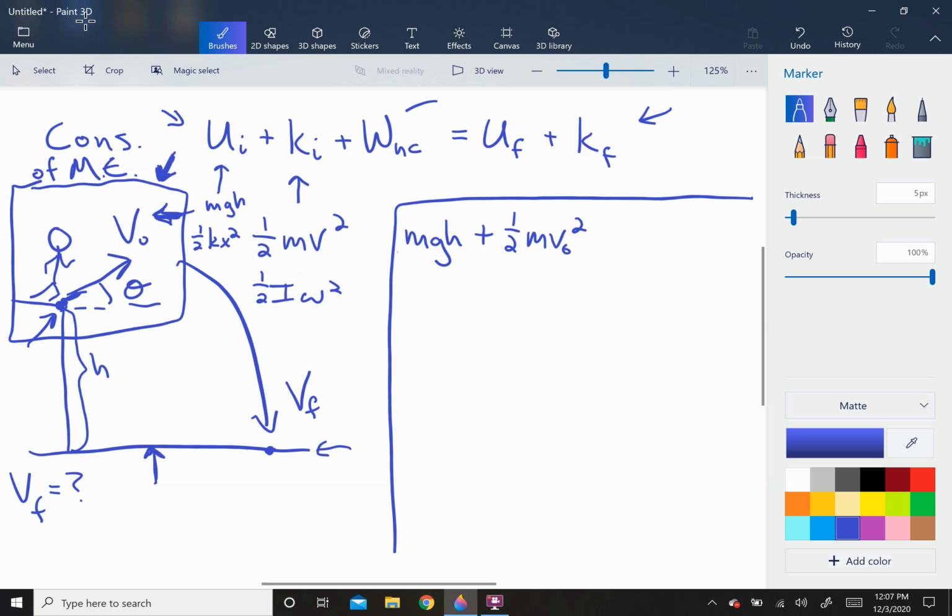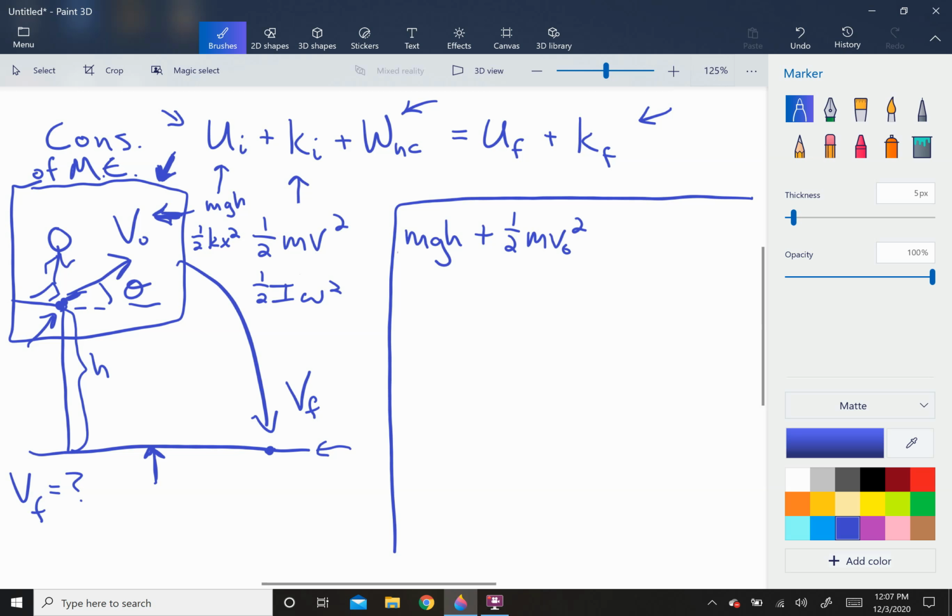Now this one is the hardest piece of the whole thing, the work non-conservative. I have to ask myself, are there any non-conservative forces in this problem? What that means is, are there any forces that are changing the internal energy of objects or taking mechanical energy out of the system? Those kinds of forces are things like friction and air drag.